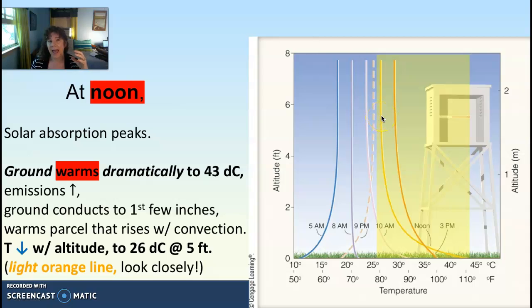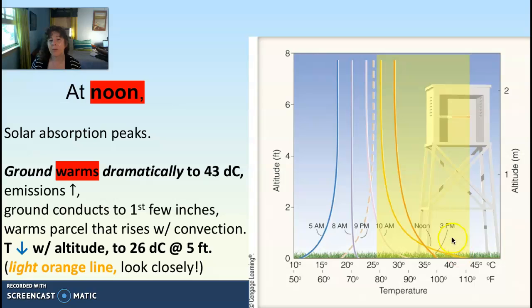It is looking at the convected parcel that has come up from the surface. That surface has emitted, that surface has conducted, it's sent out a parcel, the parcel has moved up into the atmosphere, and now we see that same decline that we're used to, that the temperature drops as the altitude climbs.